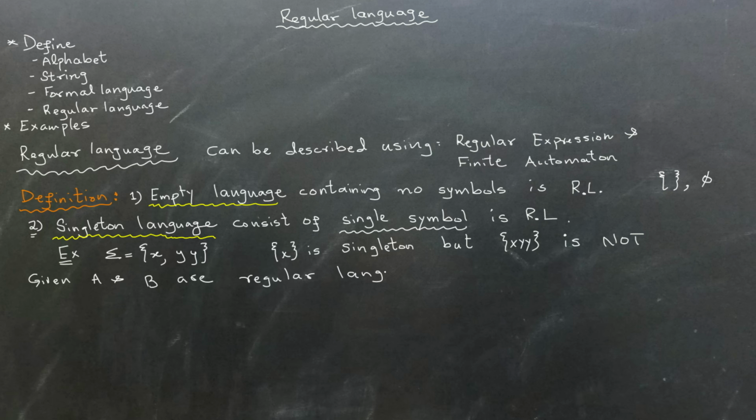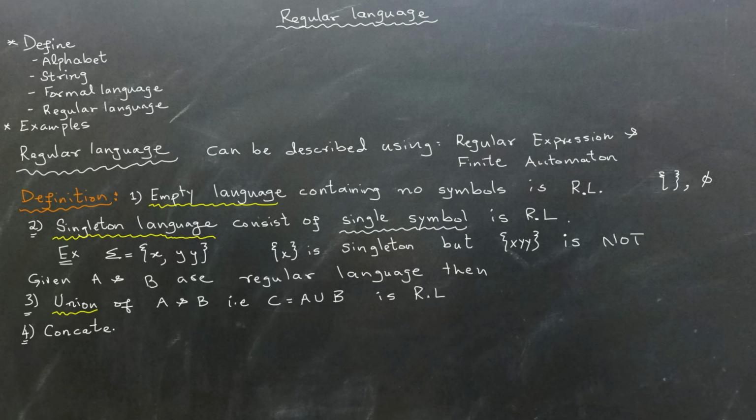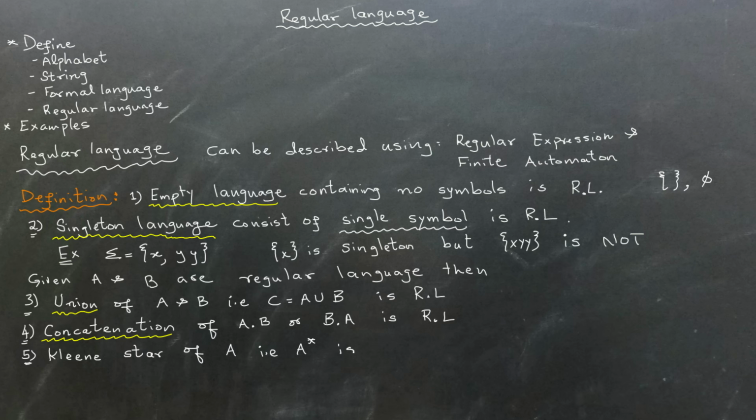Given that languages A and B are regular languages, number 3, the union of A and B, denoted as C, is a regular language. Number 4. The concatenation of A and B or B and A is a regular language. Number 5. The Kleene star of a regular language, such as A star, is also a regular language. Any other language that does not meet these criteria is not a regular language.